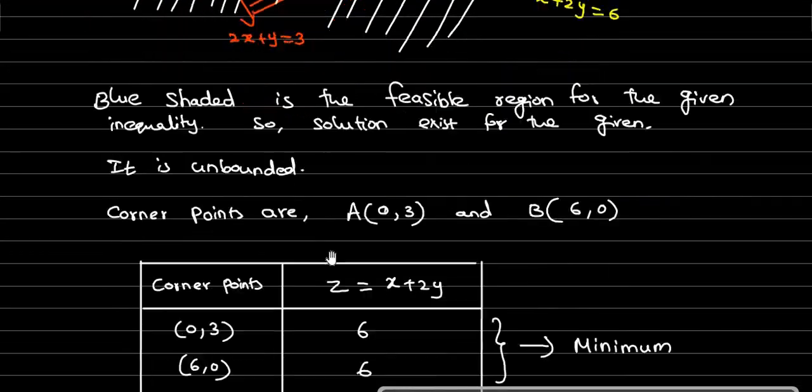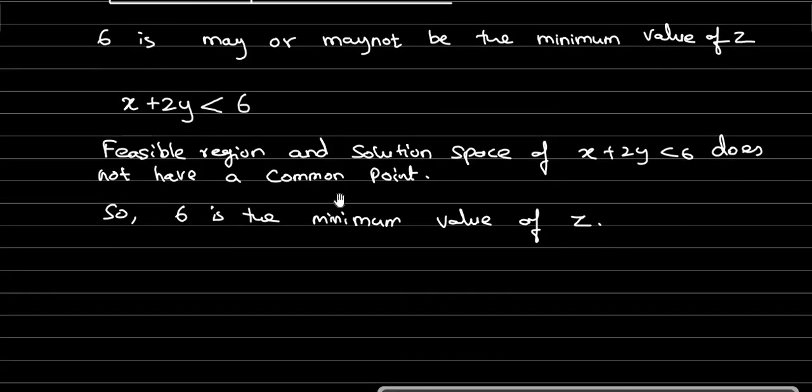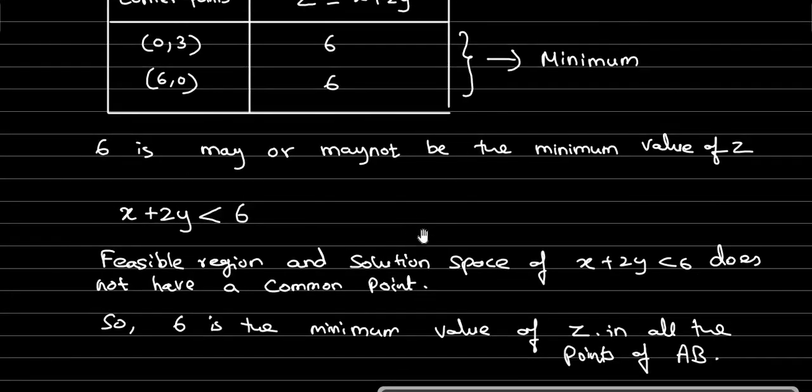So that means we will have multiple results. 6 is the minimum value of z at all the points of the AB line segment. Okay, so that's all the solution for this.